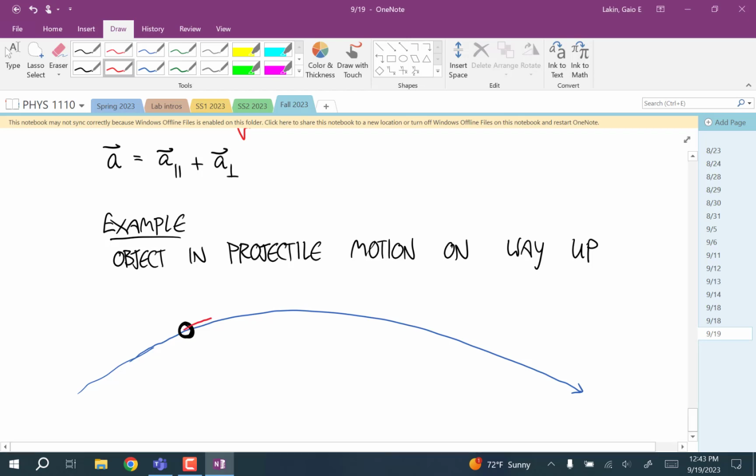Okay, so the velocity is tangent to the path. An object that's on the way up in projectile motion, is it speeding up or slowing down? Slowing down. So A parallel is this way, opposite the velocity.